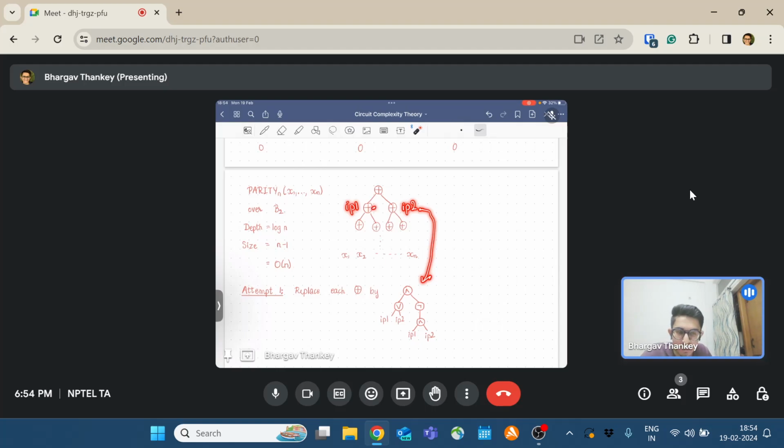So the fan-out of this gate would be 2, right? But that's not allowed in a formula. In a formula, the fan-out of every gate must be 1. So you see the issue, right? We cannot directly replace this.